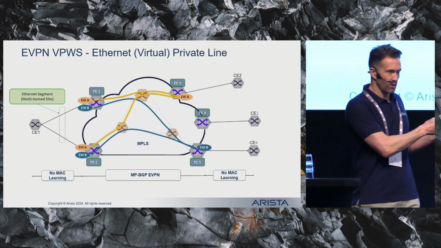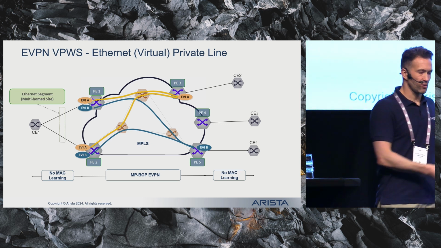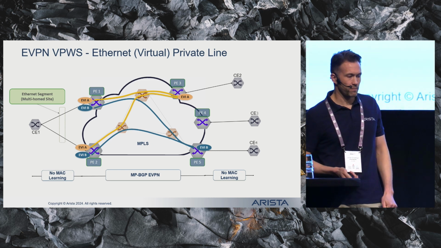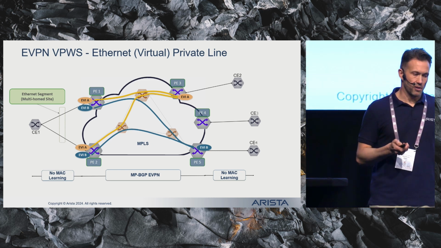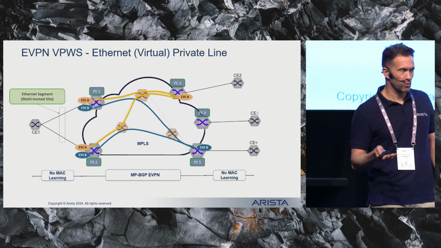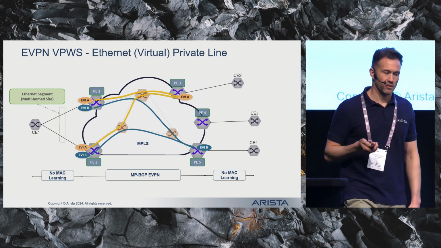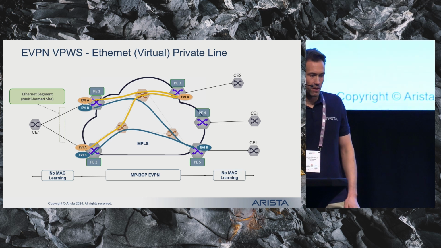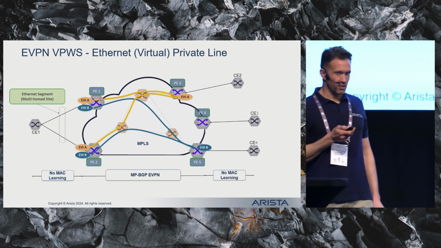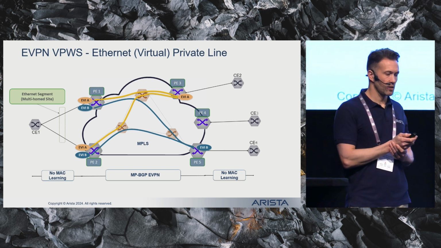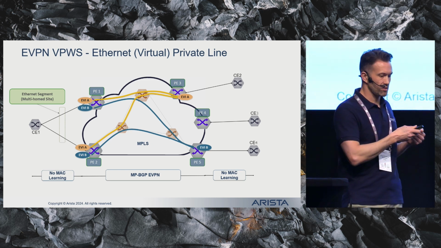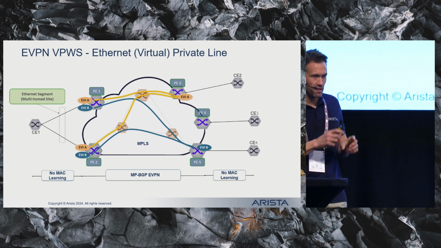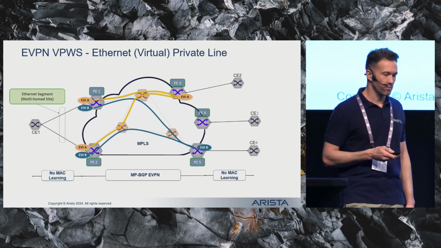You can still have multi-homing though, so this is an enhancement to the previous standards. And this is signaled using route type 1, so the same route that is used for signaling certain multi-homing scenarios. An enhancement to this is called flexible cross-connect, which is about multiplexing multiple attachment circuits across multiple interfaces into one VPWS tunnel.